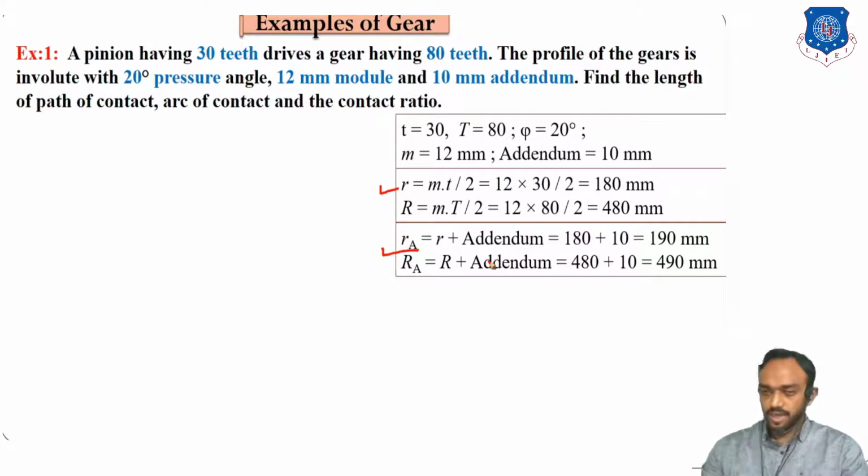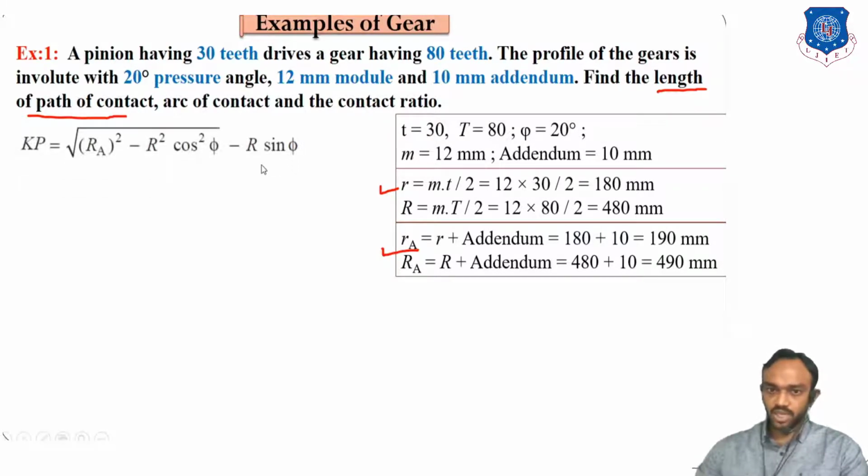Now we start finding the length of path of contact, Kp plus PL. Kp is the path of approach, PL is the path of recess. Let's start with Kp. It is equal to under root RA square minus R square cos square phi, minus R sin phi.